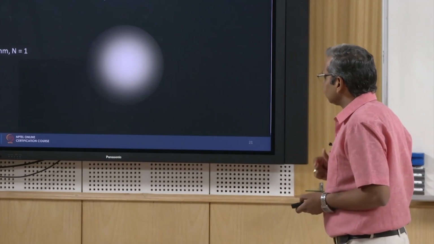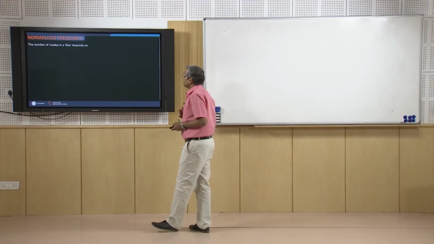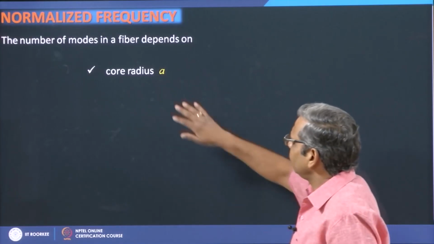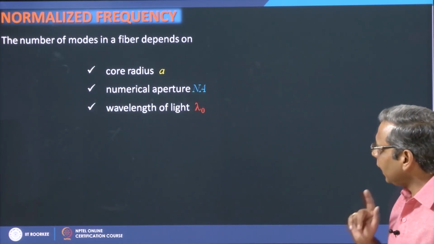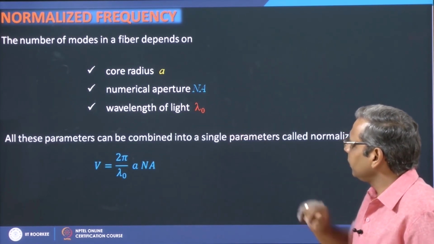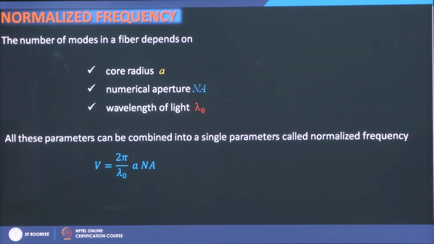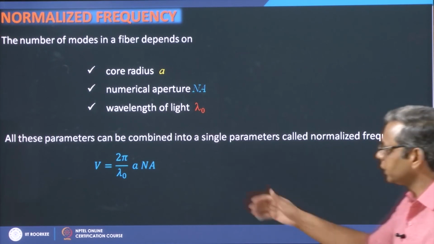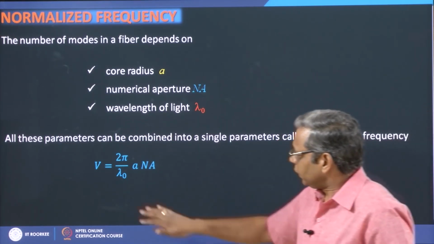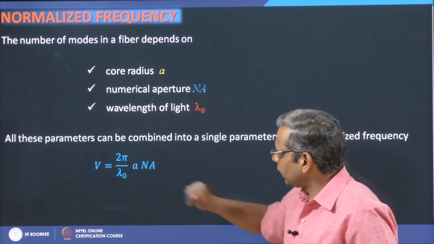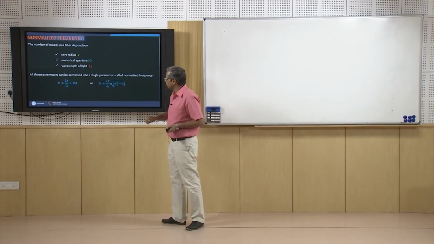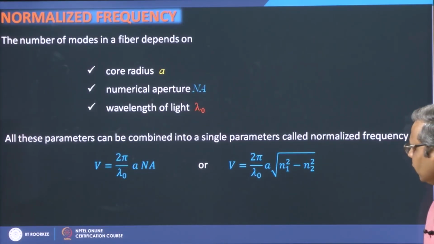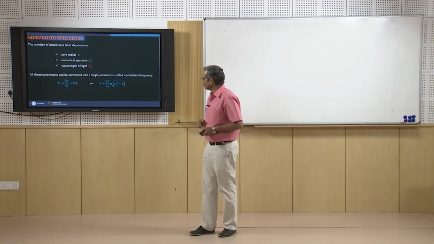What I see is that the number of modes depends upon core radius, numerical aperture, and wavelength, and I can integrate all these parameters into a single parameter, which is known as normalized frequency, because it goes as 1 over lambda, which is defined as V is equal to 2 pi over lambda naught times A times numerical aperture, and since numerical aperture is defined as square root of n1 square minus n2 square, so V is defined as 2 pi over lambda naught times A times square root of n1 square minus n2 square.